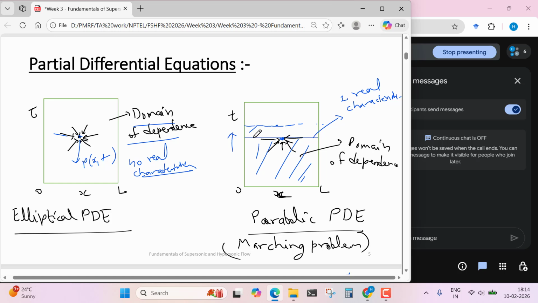It will have only one real characteristic line, which is this line. And above this will be the domain of influence, the zone of influence. The solution at any point after this will depend on this point or whatever has happened before that.